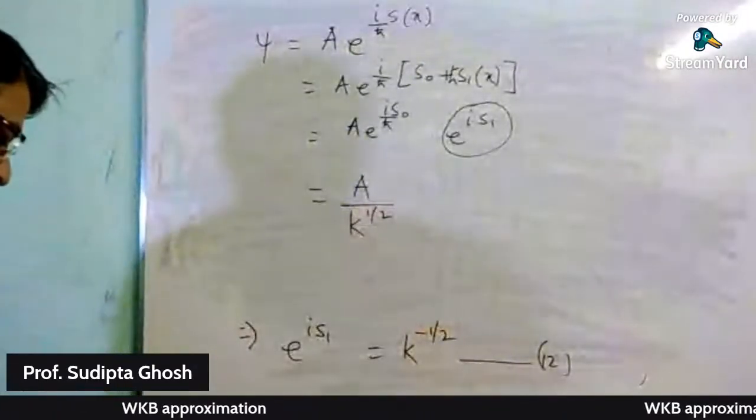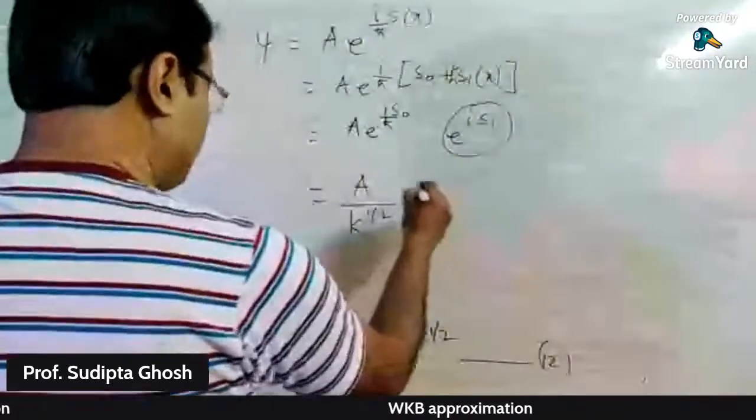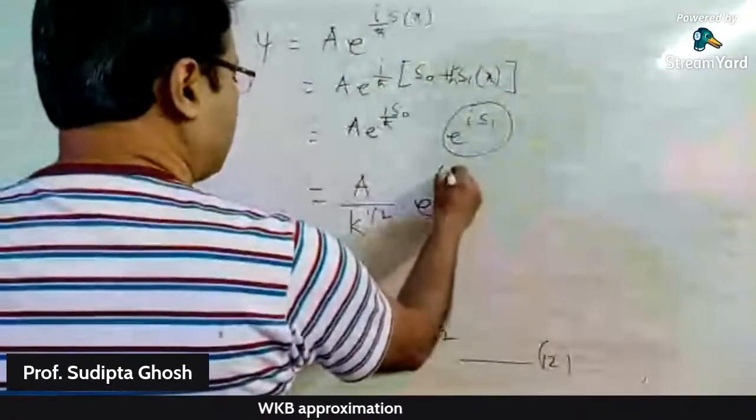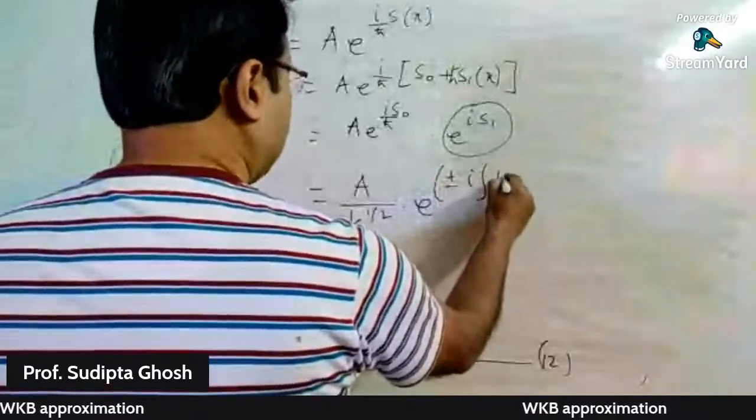So the value becomes A by k to the power half, times e to the power plus or minus i integral k dx.